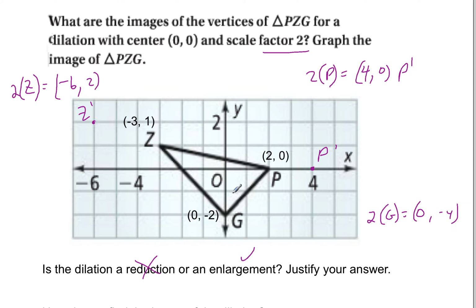And it's going to be hard for me to graph it here, but 0, 1, 2, 3, it's going to be somewhere down here. So this is going to be my g prime. And if I were going to graph this, it would look like this.